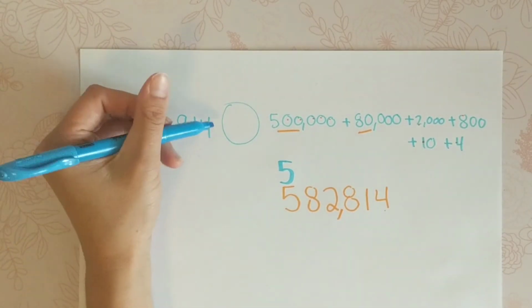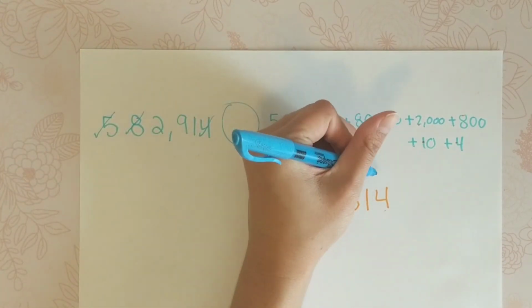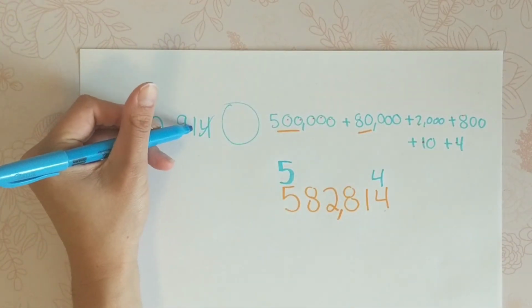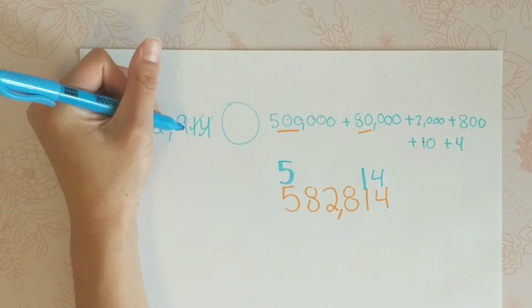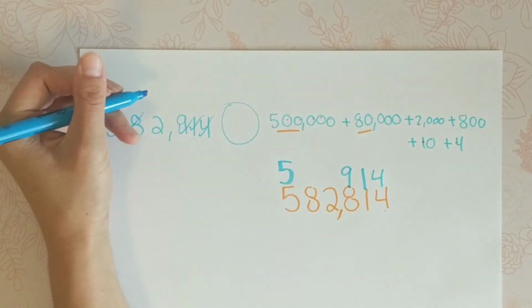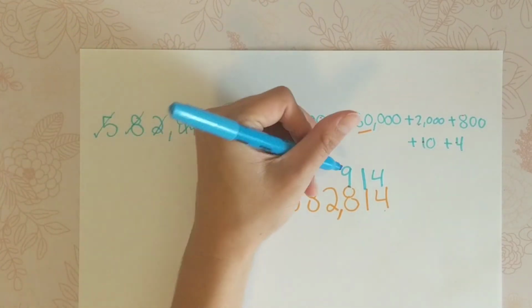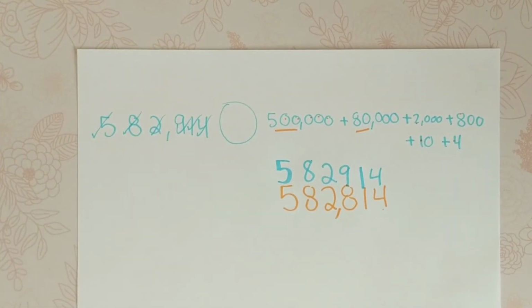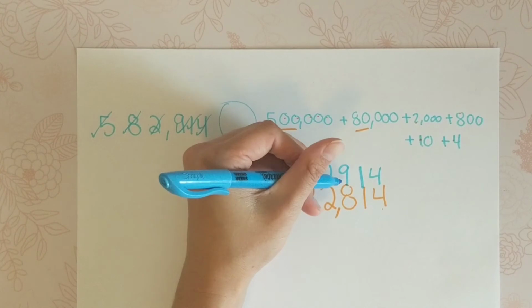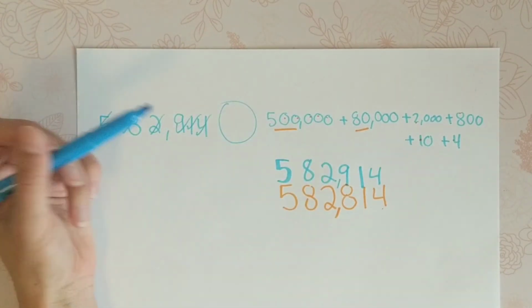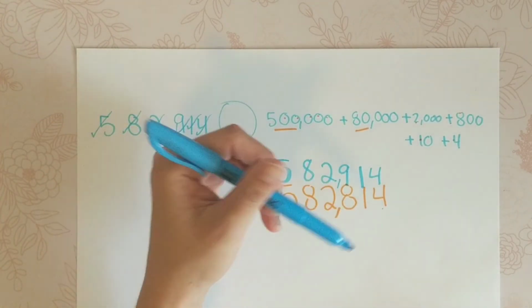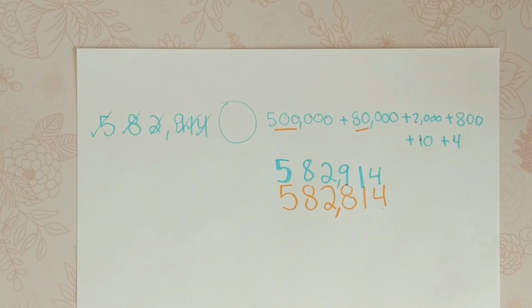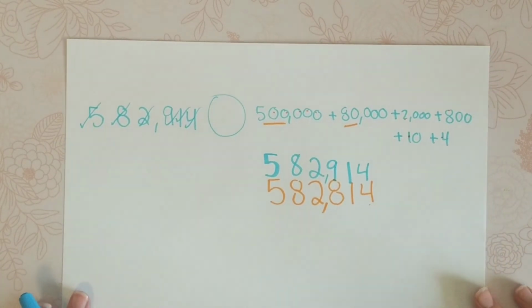So let's pretend I started from the right side. 4, ones place, 1, 9, comma, 2, 8, 5. So on the one hand, we have 582,914. On the other hand, we have 582,814. When you are comparing numbers, you're just going to compare one digit at a time.